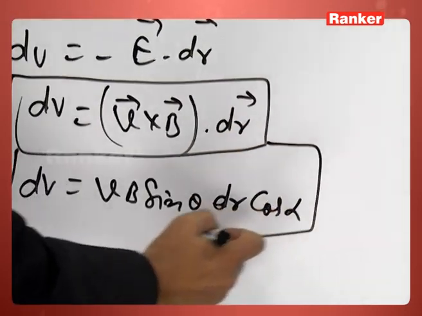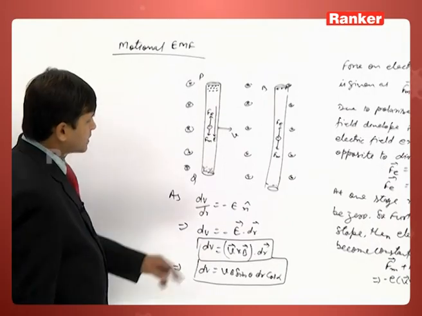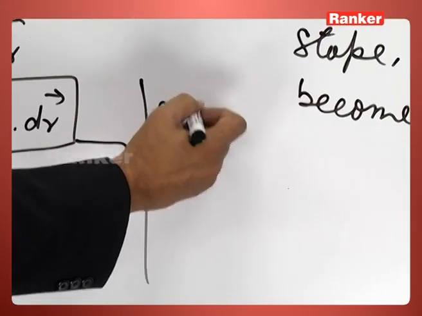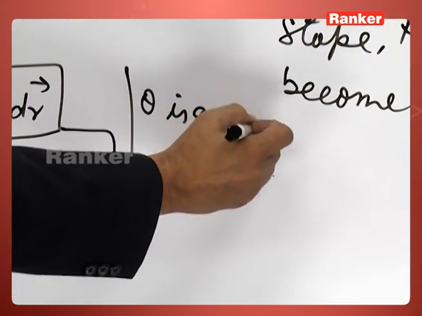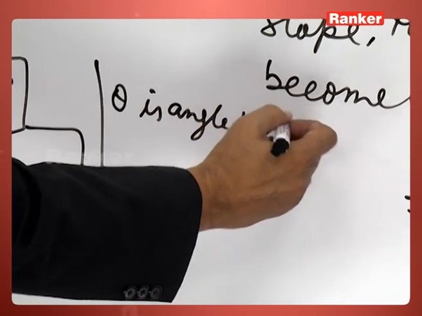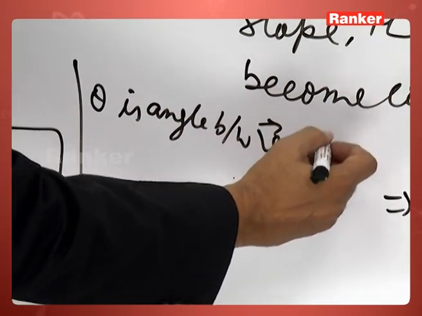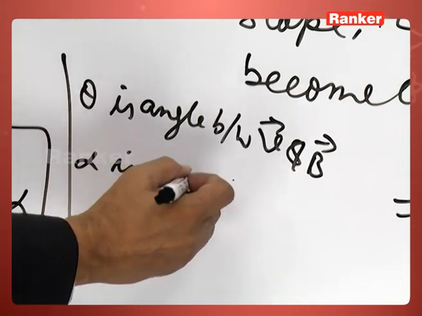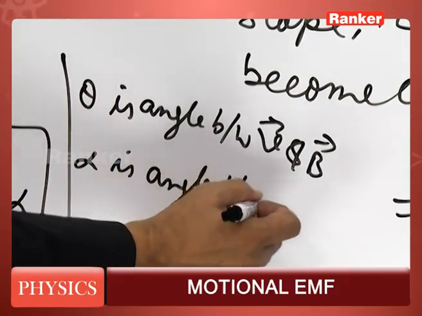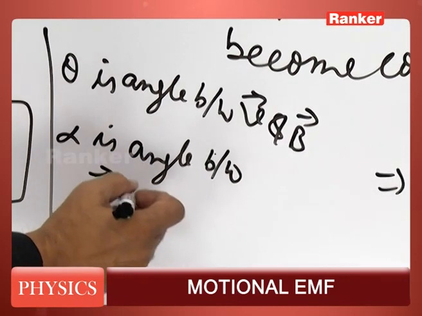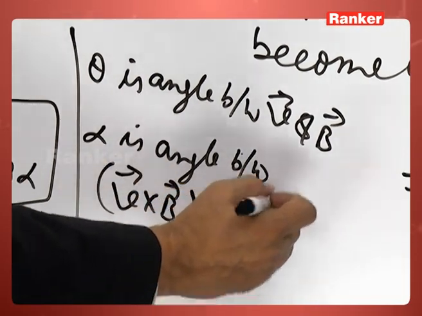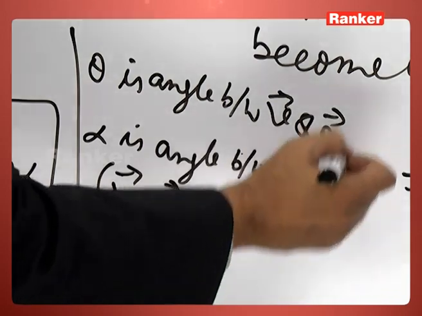This is the expanded form of the potential, where theta is the angle between V and B, while alpha is the angle between the V cross B vector and the dr vector.